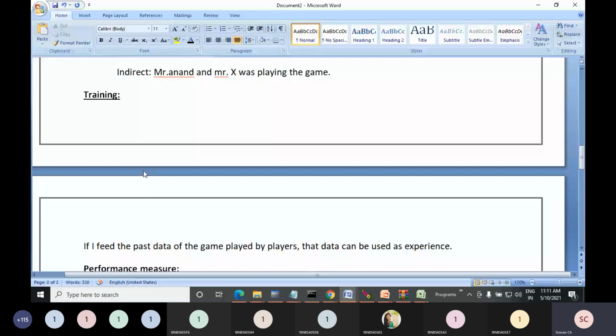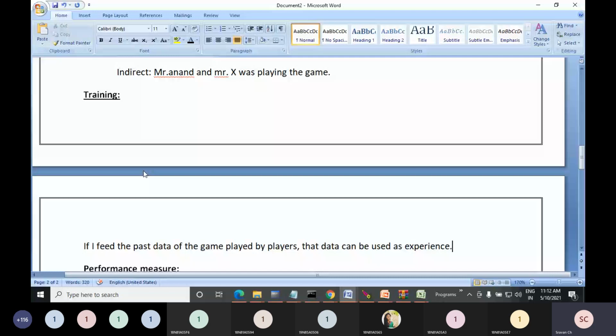That is the direct method. So please observe, direct and indirect methods are there. In some cases direct methods are used, in some cases indirect methods. Whether you use a direct or indirect method, you are going to train the model. Training gives experience to the model.